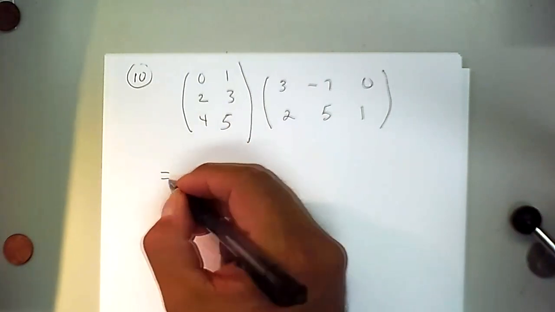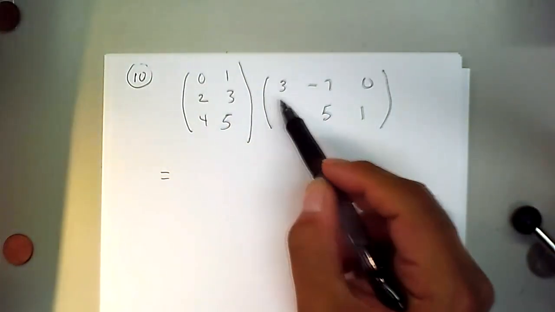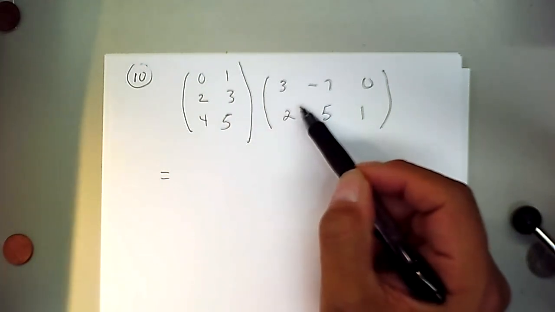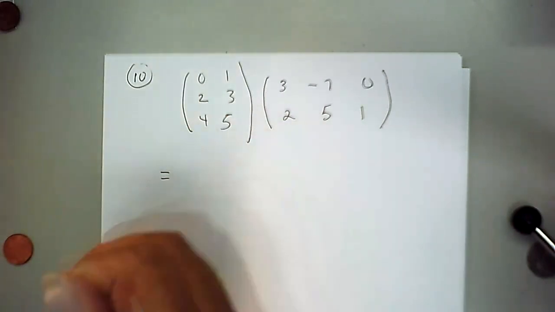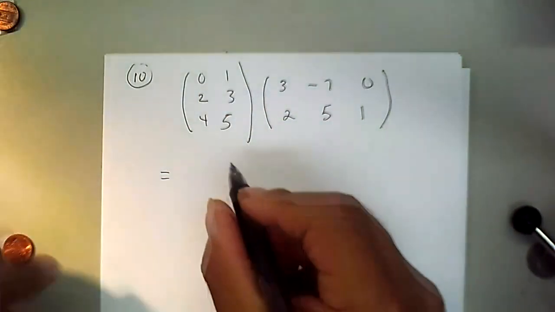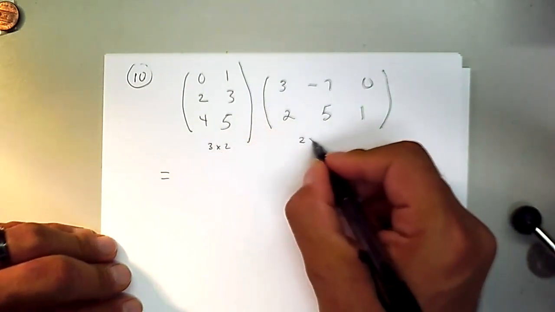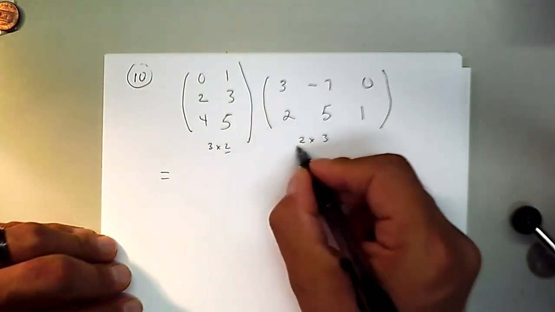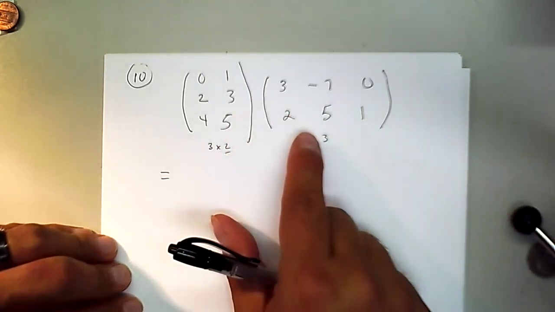Okay, and let's see. How do we multiply this? Well, this is a 3 by 2 matrix. This one is a 2 by 3 matrix. Those two match perfectly, so that means that we are able to do the multiplication.